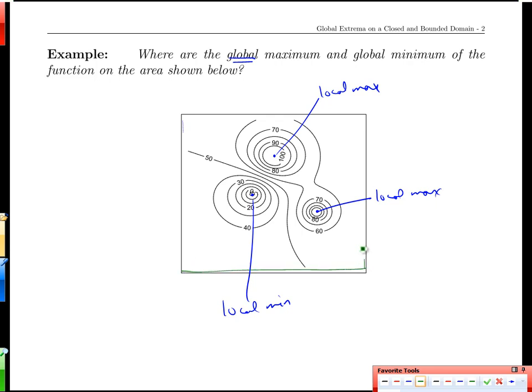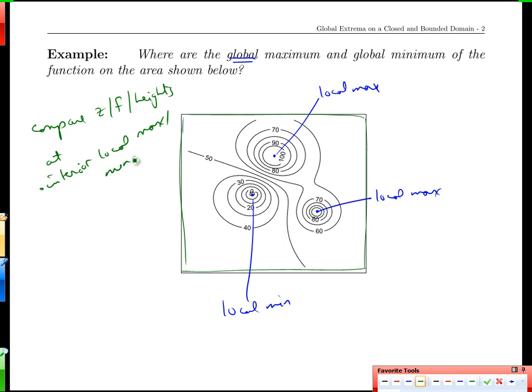So if we consider the boundary as another alternative, then we just ask ourselves, what are the heights? So compare the f values, the z values or heights, at the interior local maxes and mins, and at the external boundary.